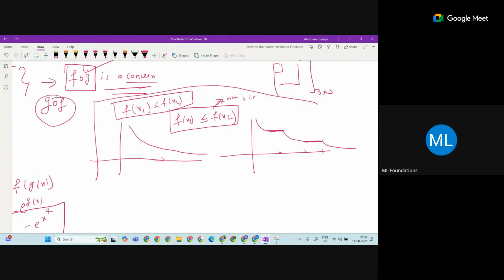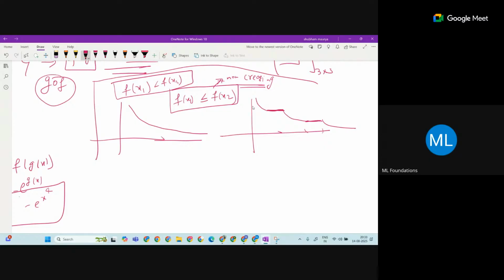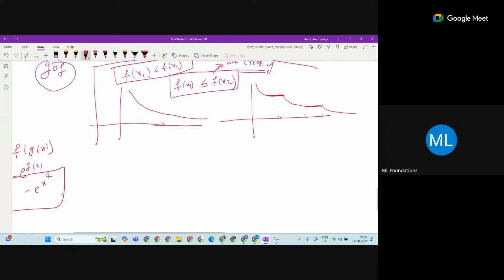Okay, so what I described earlier is non-increasing. Sorry, thank you so much. Non-decreasing means the function never decreases. Sorry, what I described earlier was the non-increasing case.